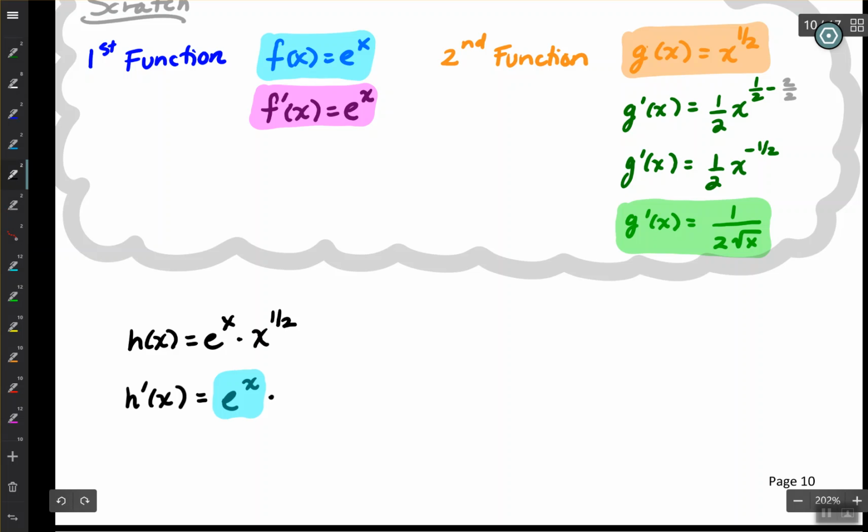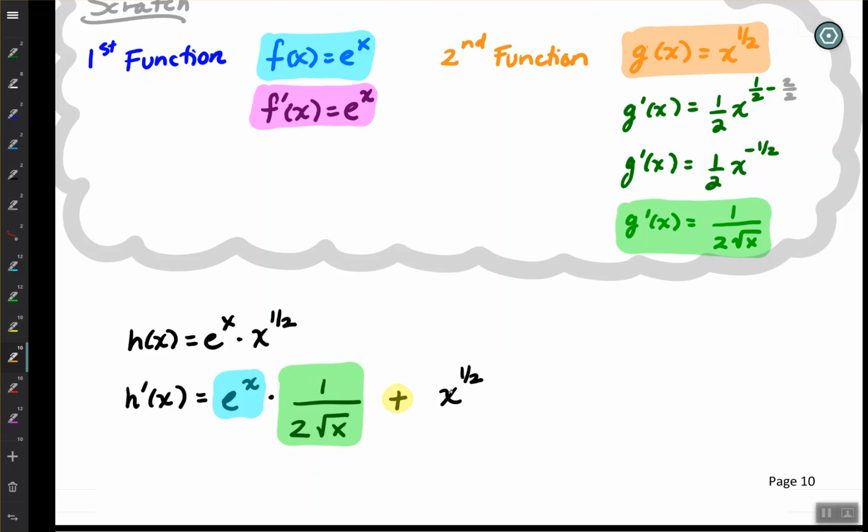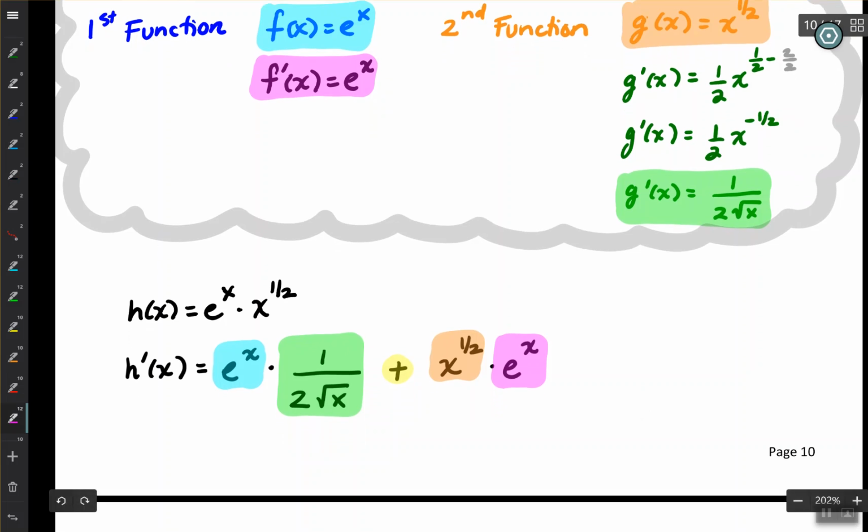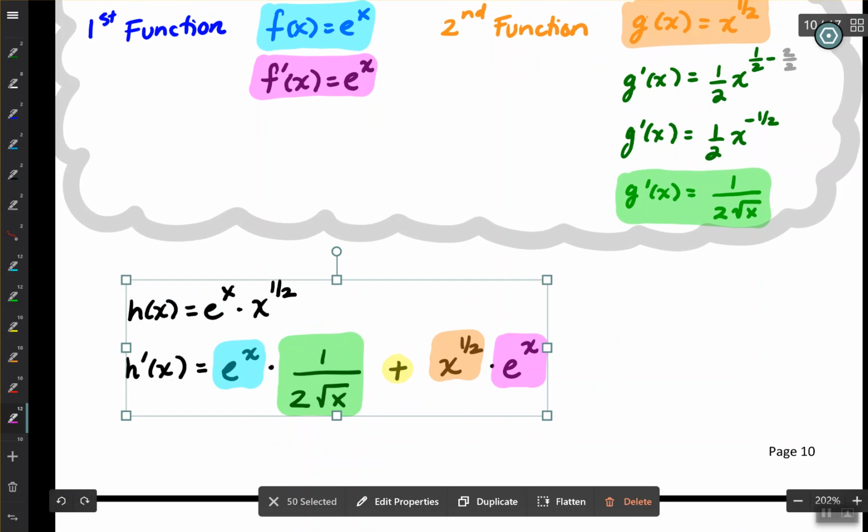The derivative of my second is 1 all over 2 root x, green, plus my second function, g of x, x to the 1/2 power, or we could write square root of x if we want. I think I probably will. Times the derivative of my first function, and my first function's derivative is e to the x. And done. Let's just clean this up a little bit.